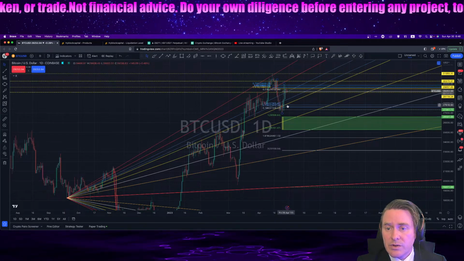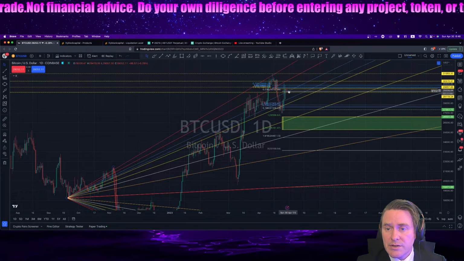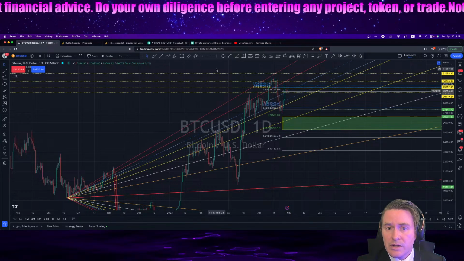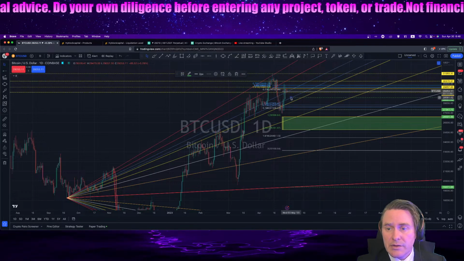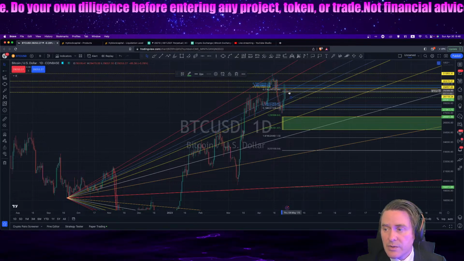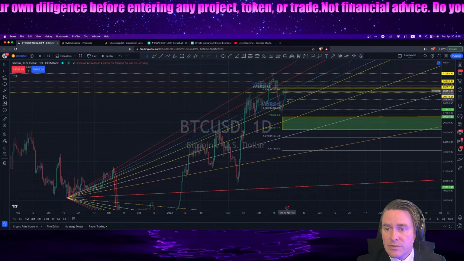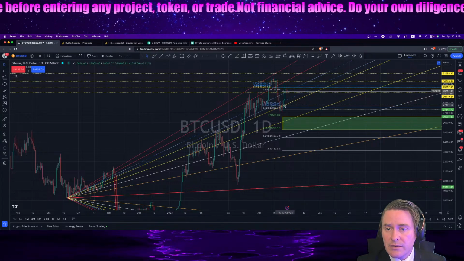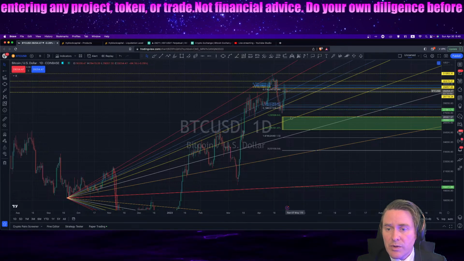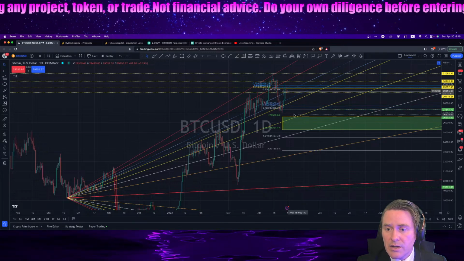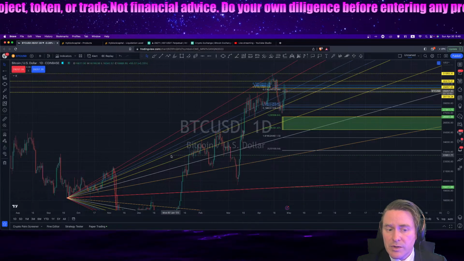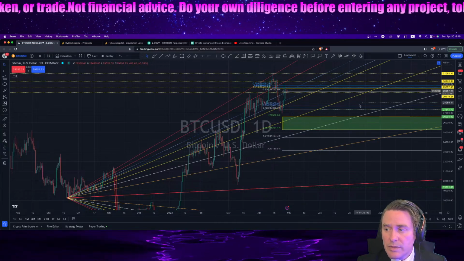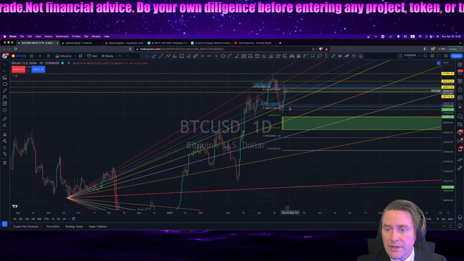If this goes down to these regions, the next point of interest would be the 0.65 down here at the 28,581-ish region. Then if you break down to there, you go to the 618 region, and below the 0.5, the equilibrium point of this would be the 26.5 region.